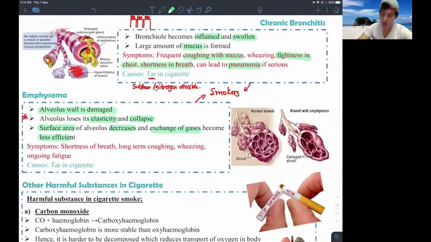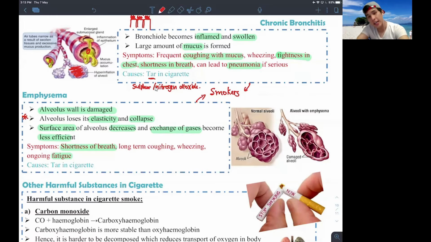Emphysema also causes shortness of breath because your body cannot get oxygen efficiently. Same thing, you have cough, wheezing, and ongoing fatigue. Fatigue means tiredness. You have fatigue because oxygen is used to make energy. No oxygen means no energy, and with no energy, you feel tired.